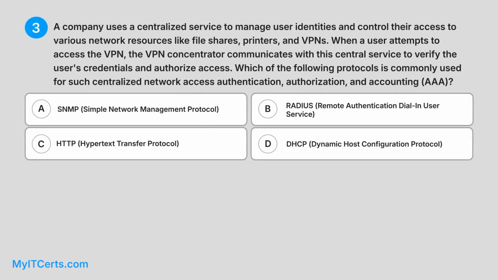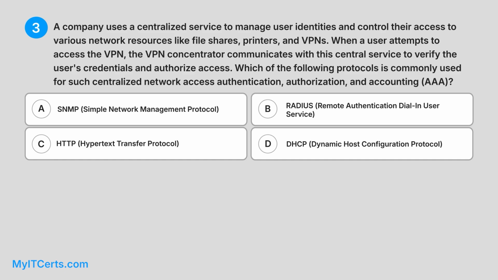3. A company uses a centralized service to manage user identities and control their access to various network resources like file shares, printers, and VPNs. When a user attempts to access the VPN, the concentrator communicates with this central service to verify the user's credentials and authorize access.